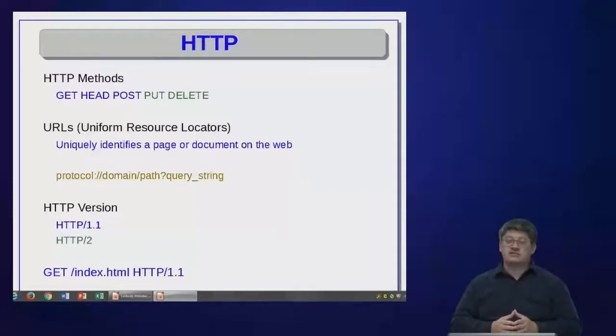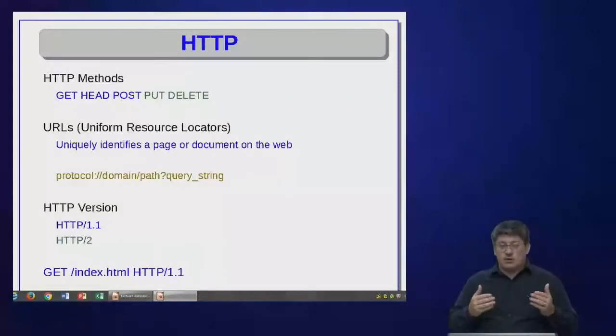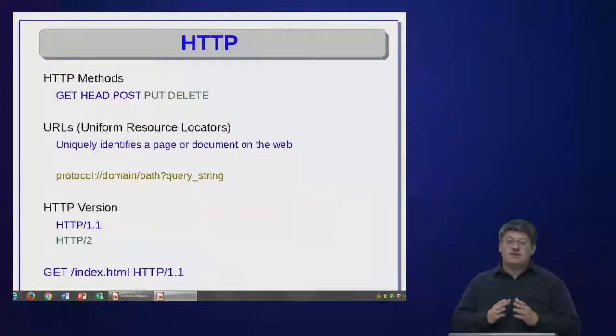A URL consists of a protocol. For now, that's mostly going to be either HTTP or HTTPS. HTTP is the hypertext transport protocol we've talked about. HTTPS is a version of that designed for secure communication. And then a colon and a slash slash, followed by a domain. The domain identifies the server to contact. And then another slash, and following the slash is a path.